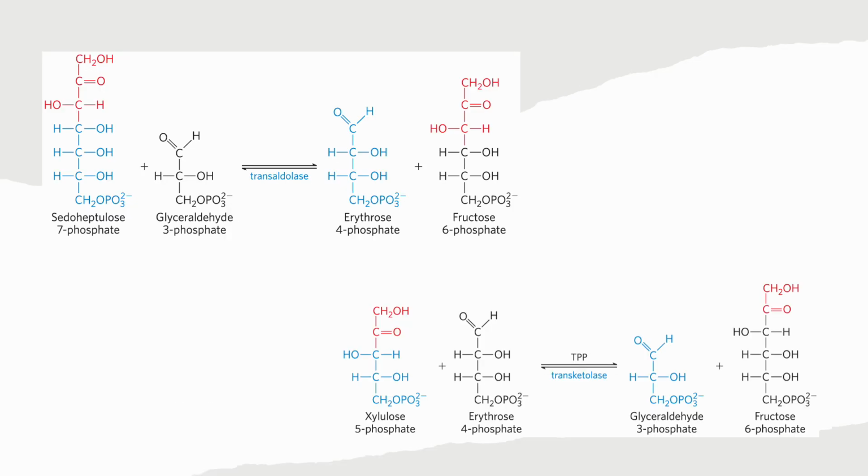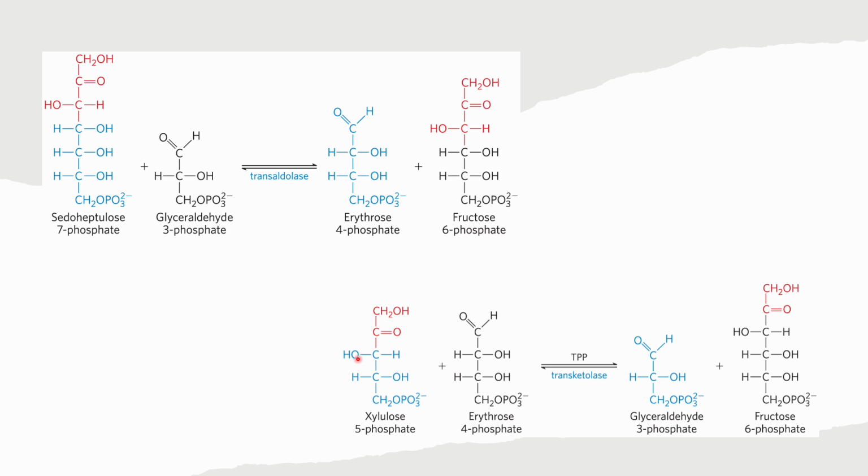So here's where I'm talking about, where you can see TALDOs can help with the conversion of S7P and G3P to E4P and fructose 6-phosphate.